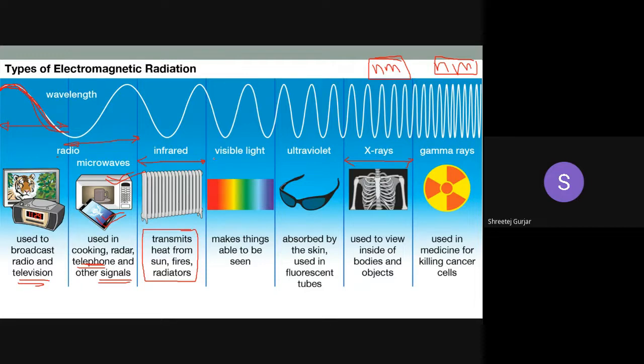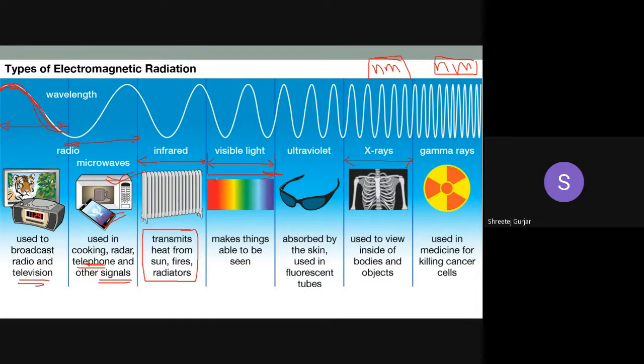Then visible light, this is the part which we are seeing. You can see the rainbow spectrum of colors which are visible to us. Whatever we see is within this range of the electromagnetic spectrum. This entire thing is the electromagnetic spectrum, and what we see through our eyes is only this part.